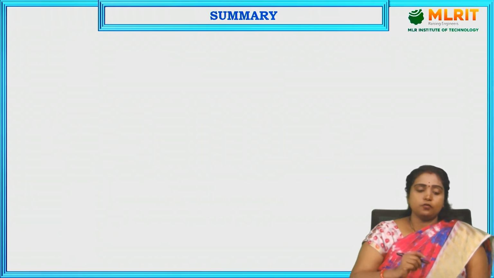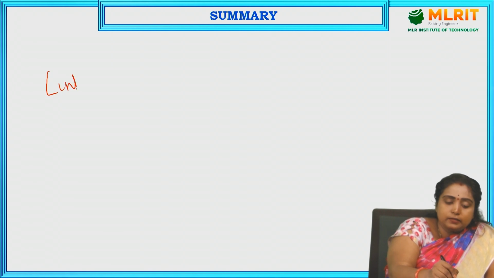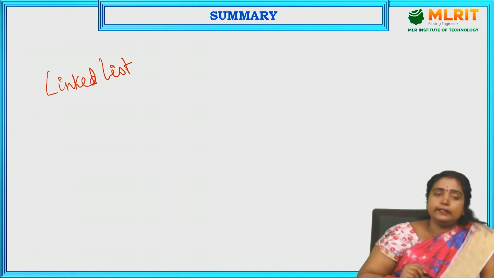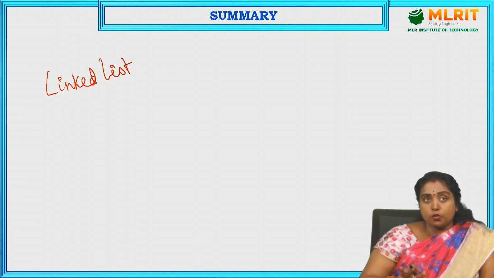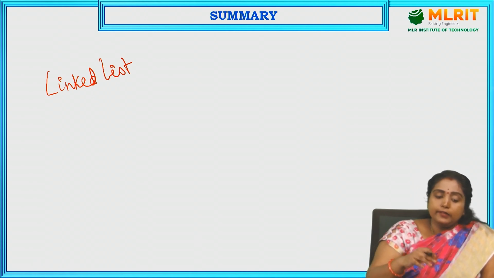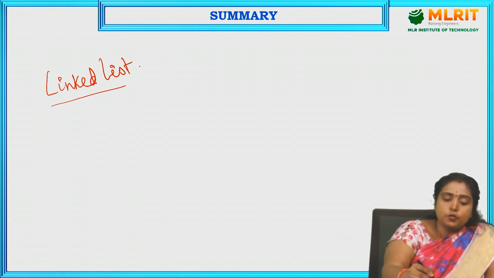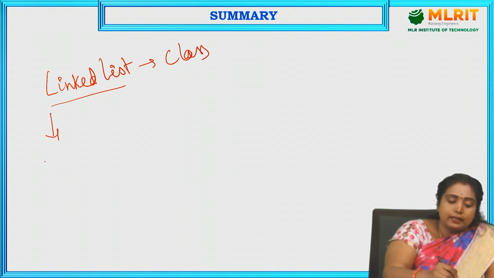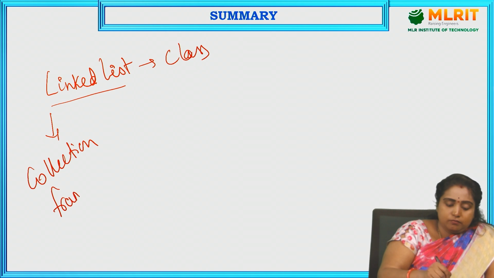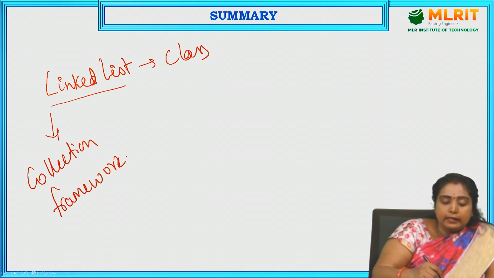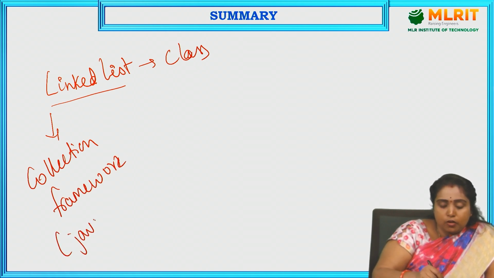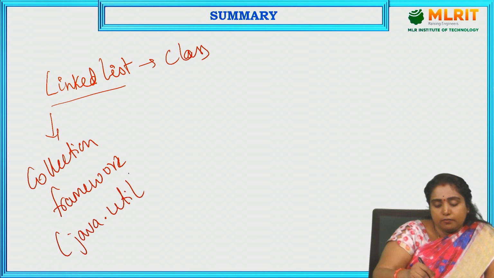So in this session, what we have seen is, what is a linked list? A linked list is a linear data structure used to store data in order. In Java, you have a linked list class in the collection framework, and it is provided by the java.util package.